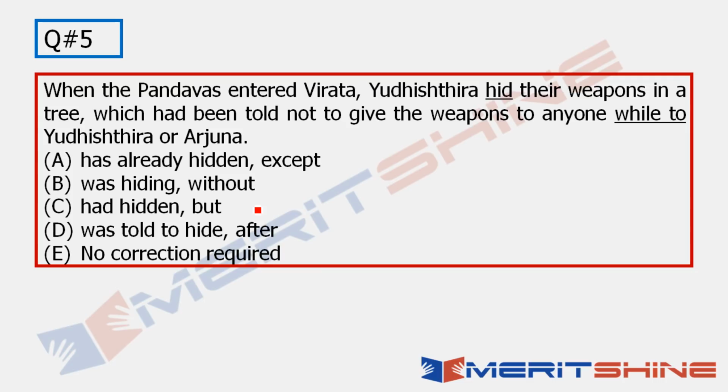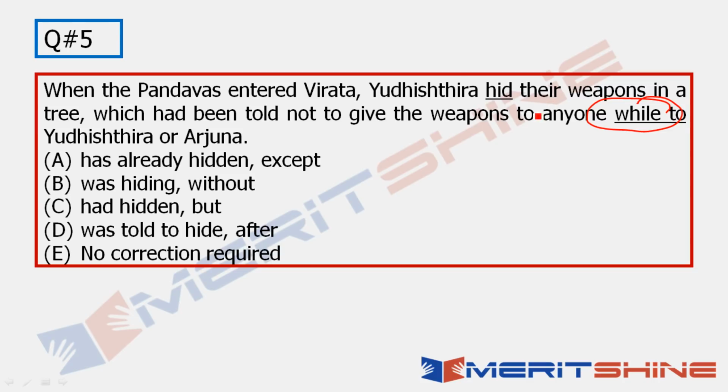Question number 5. When the Pandavas entered Virata, Yudhishthir hid their weapons in a tree, which had been told not to give the weapons to anyone while to Yudhishthir or Arjuna. Now we know for sure that this place is wrong in the original sentence.